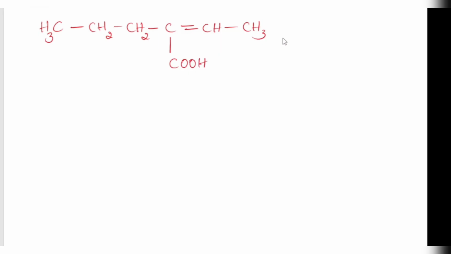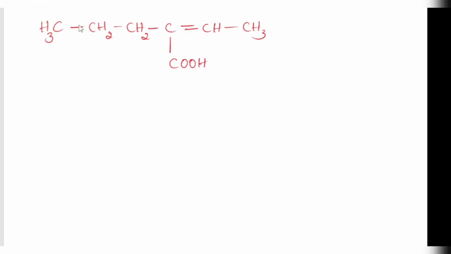Now I will take up a different example, that is CH3, then CH2, then CH2, then C. Here I will write a double bond CH, and here CH3, and here I have to add a carboxylic acid. I will write that like this.